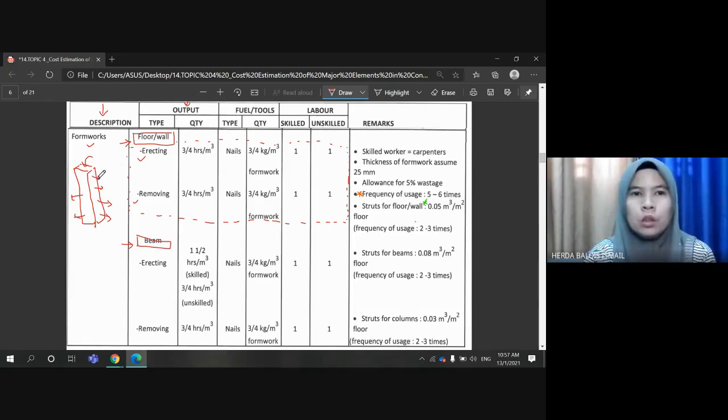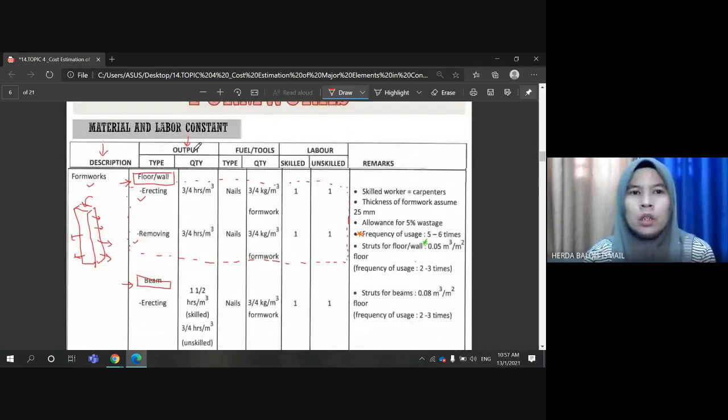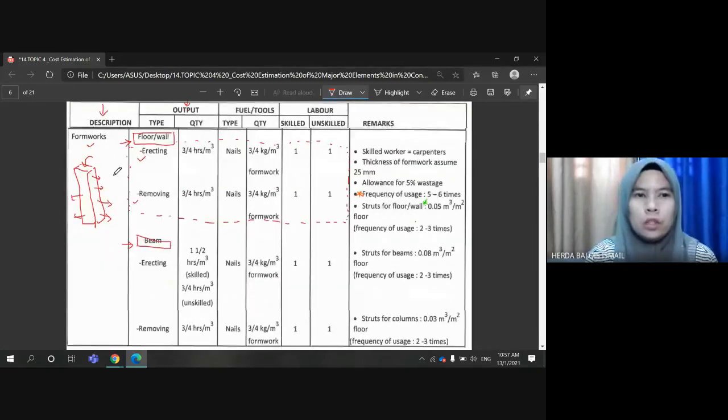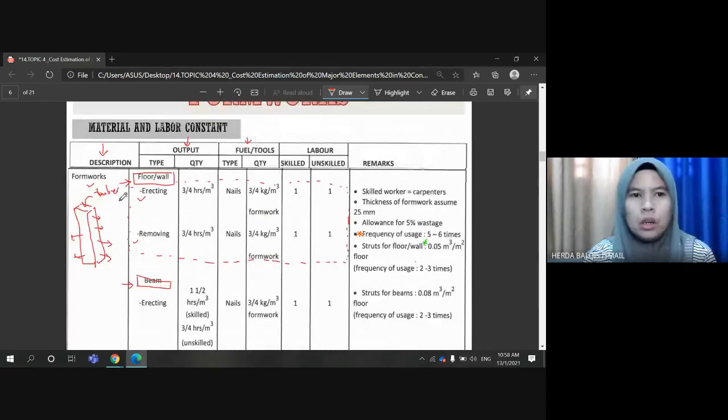So let's look at the output. We know that in this context of discussion, the material used for the formwork is timber. The fuel or tools used in erecting this formwork is nails. This is the constant.